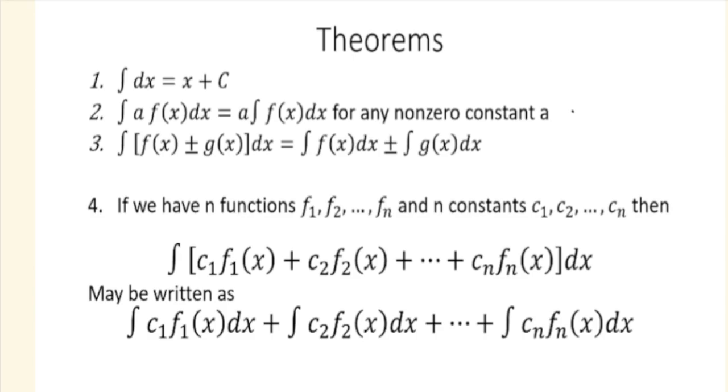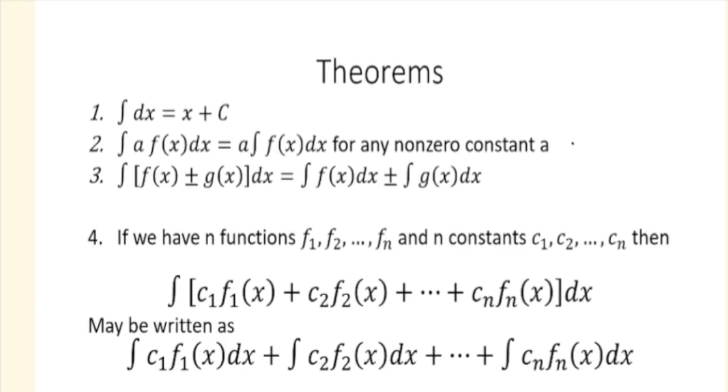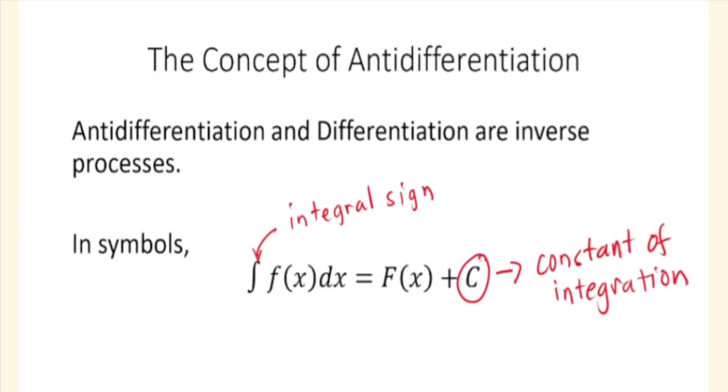So yung first one, simply the integral of dx is equal to x plus c. By the way, hindi ko pala na-mention, we can read this as the integral of f of x dx is equal to capital F of x plus c, or the antiderivative of f of x is equal to this one.